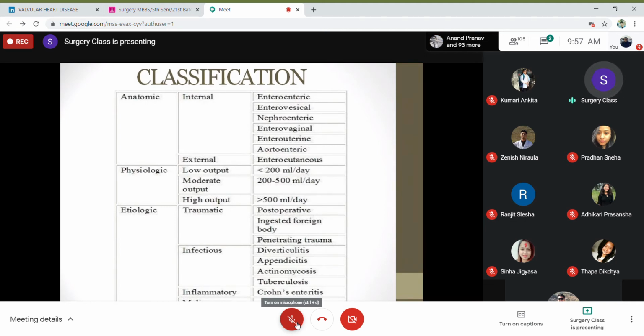So we come across various types of fistula. Whenever you become a surgeon later, or maybe a physician, you may come across various types of fistulas, most commonly the enterocutaneous fistula following surgery. Suppose you operate on a patient who has undergone radiotherapy. There will be a lot of dense adhesions between the intestinal walls.